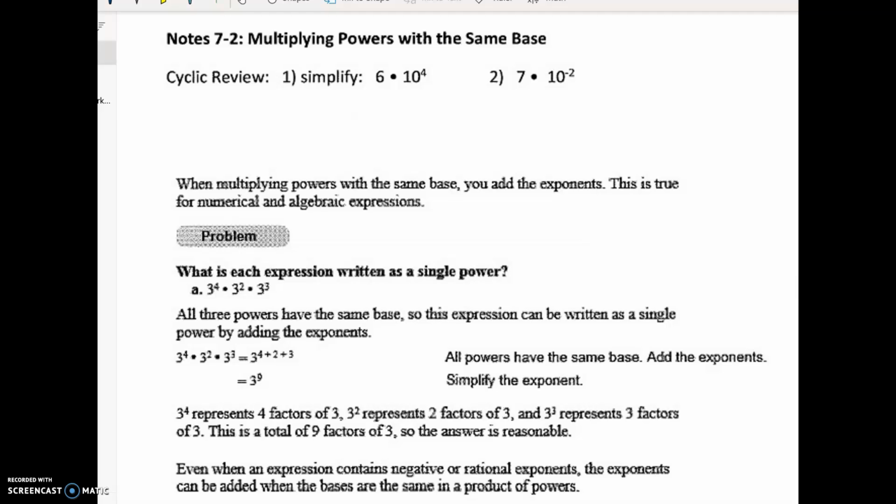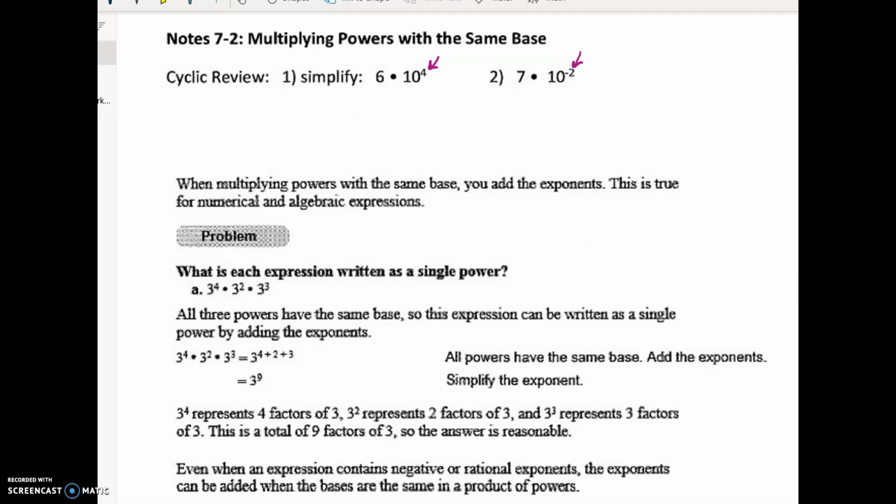First of all, in the review portion, we are simplifying these expressions, and they are written in scientific notation, and we kind of hinted or looked at that right before break. So remember, when your problem is in scientific notation, the exponent tells you how many places to move your decimal point.